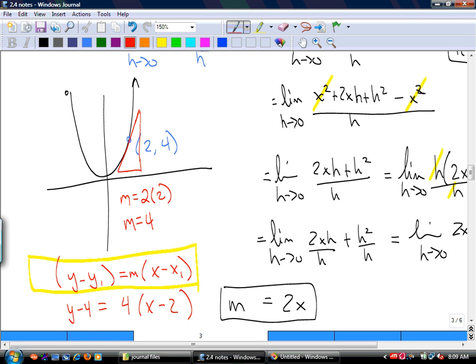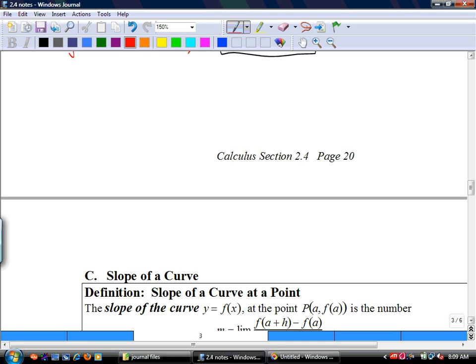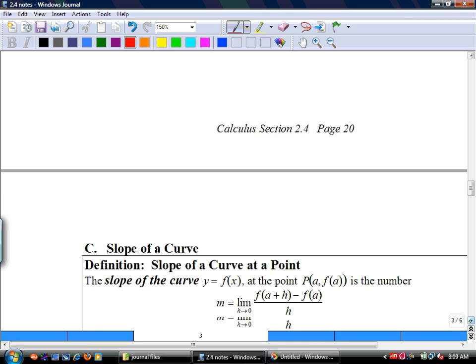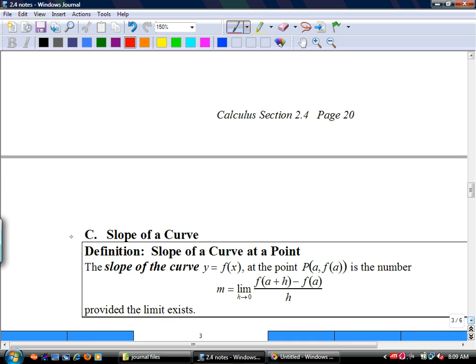How's that? We good? Okay, we're going to go for 10 more minutes. So, we're going to define slope as blah, blah, blah. Boy, that looks familiar.